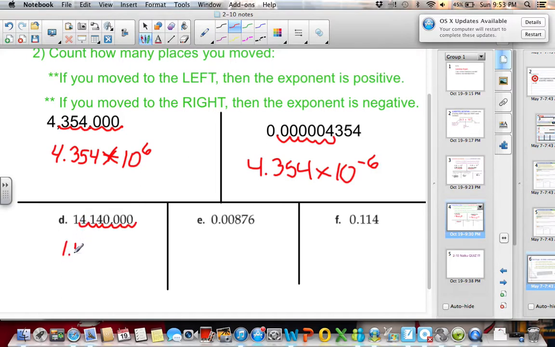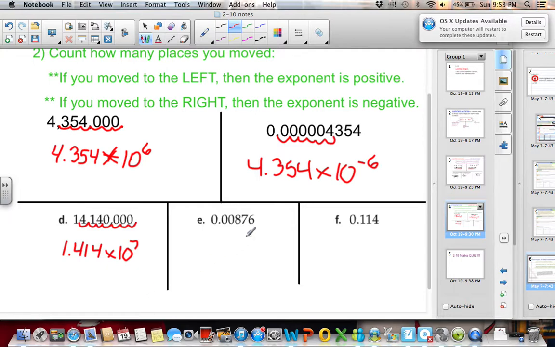So I write 1.414 times 10 to the 7th. The greatest mistake I see is that people are being really lazy or sloppy when they're counting their decimals and then they miscount. So make sure you're being really careful at counting every time you go in between numbers. That's how I count. Right in between, it tells me all the different places that the decimal is moving.